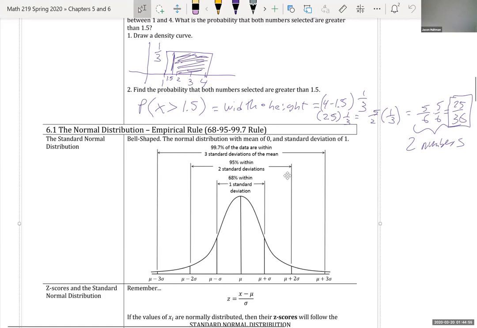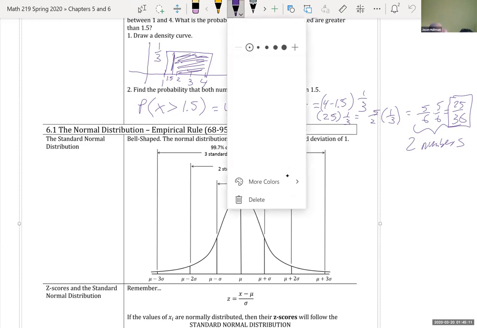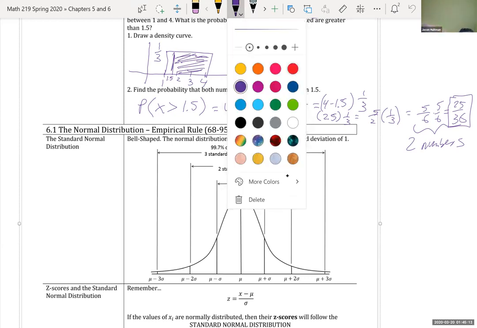You know, all roads in life lead to the normal distribution. It's the bell-shaped curve. It's why we've been talking about z-scores and what everything has basically been gearing up to at this point. So this is the bell curve.